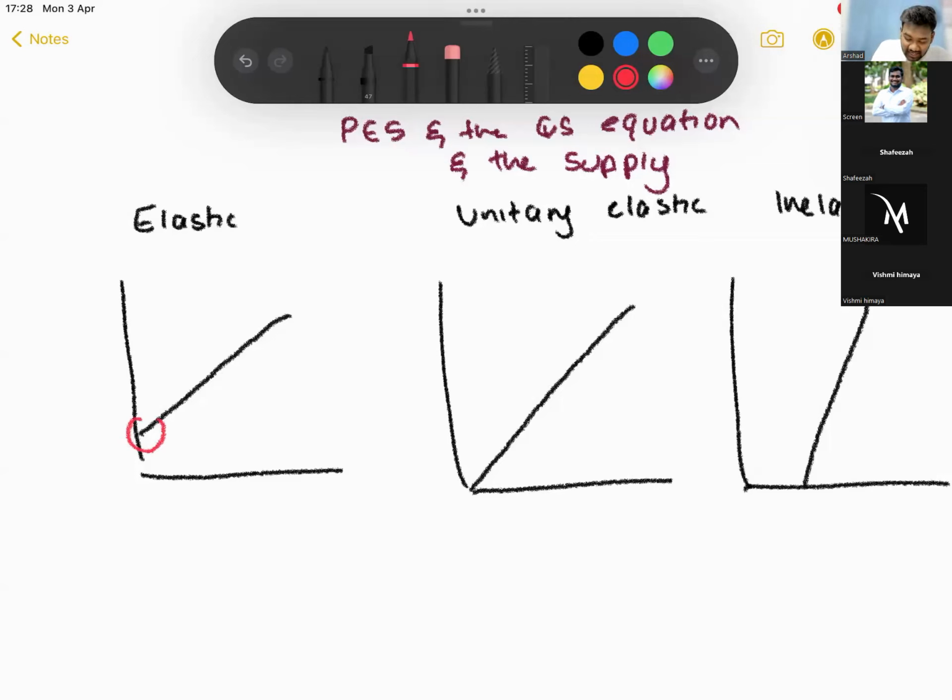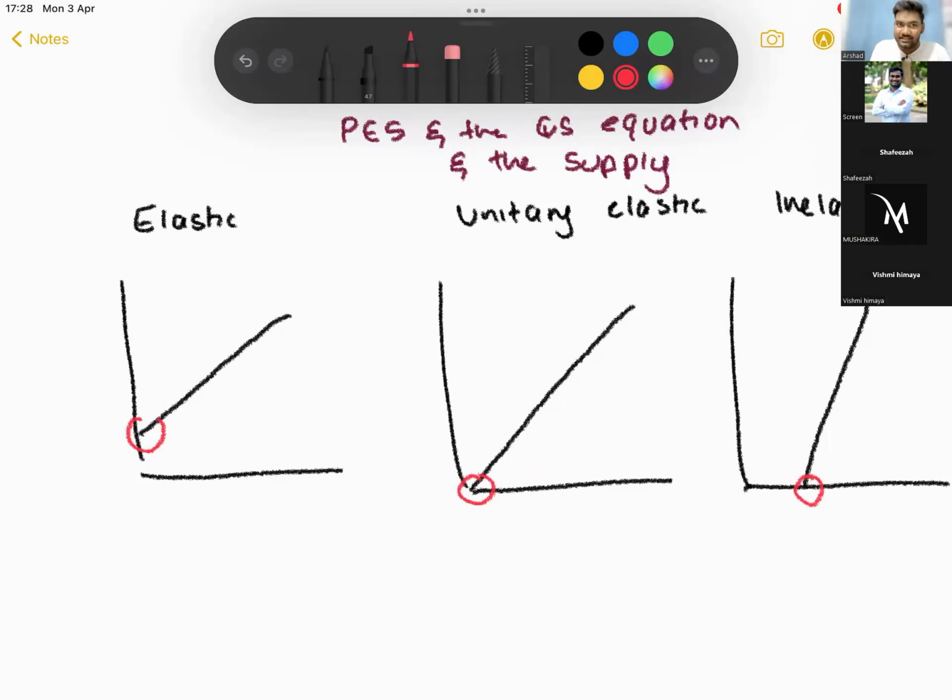If the curve starts right from the origin, you call it a unitary elastic curve. If the curve starts from the quantity supplied axis, you can call that an inelastic curve. The moment you see a supply curve, you should be able to figure out, is it unitary, elastic, or inelastic? Is that part okay? By looking at the curve, can you tell which type of elasticity it is?